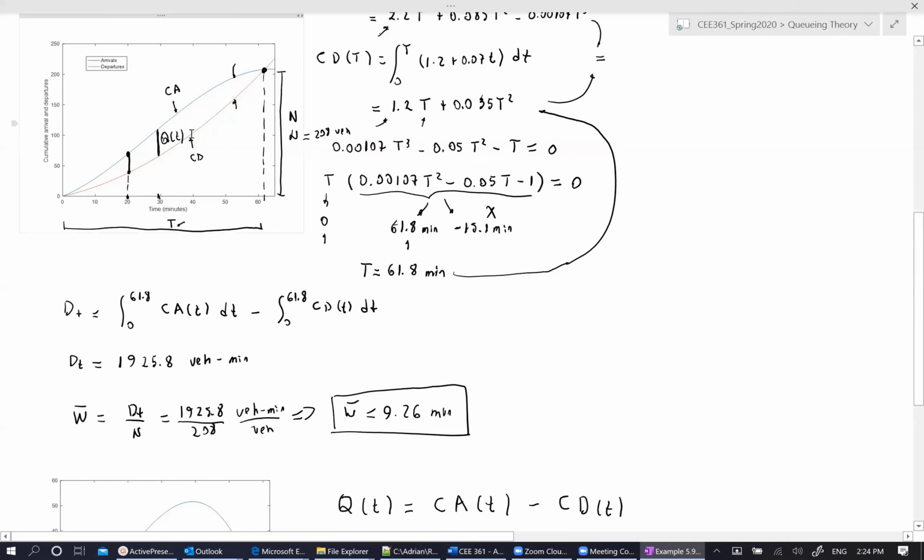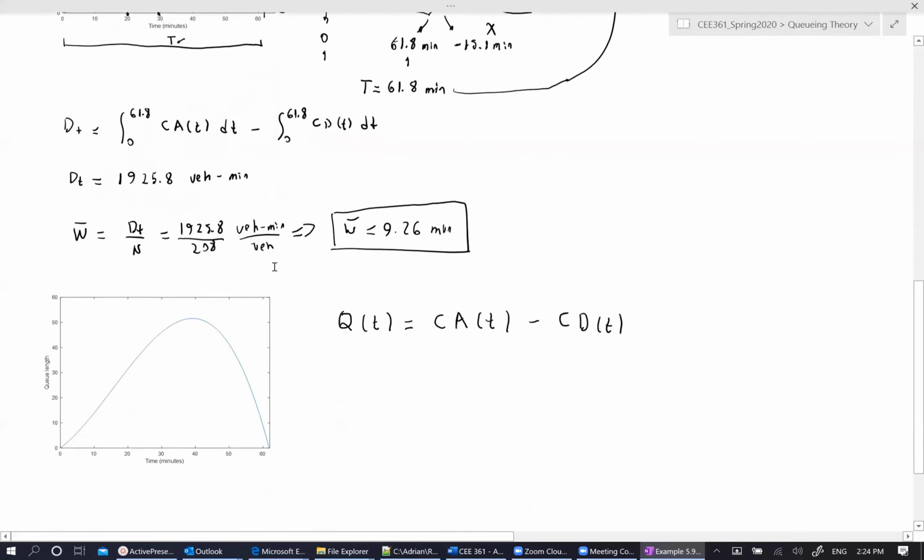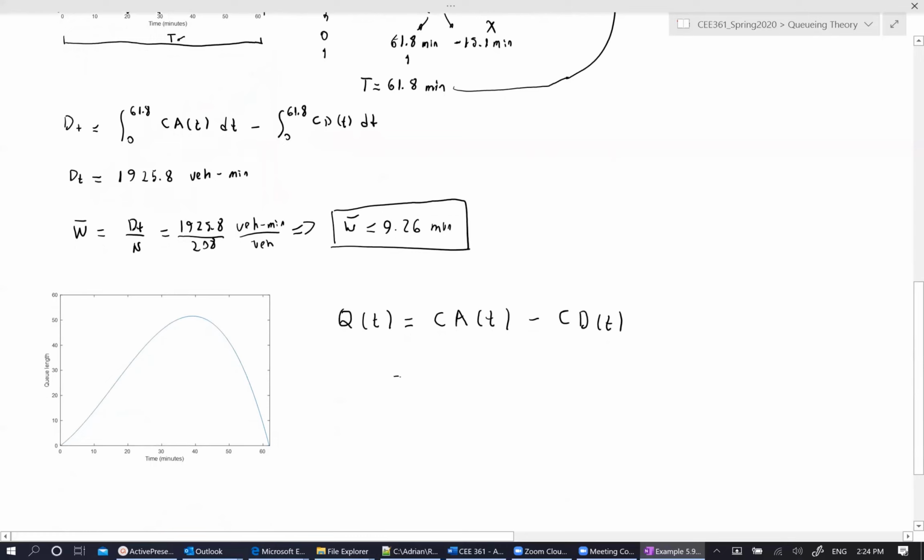We substitute the expressions we have: 2.2 t plus 0.085 t squared minus 0.00107, I mistyped that, minus 1.2 t plus 0.035 t squared.